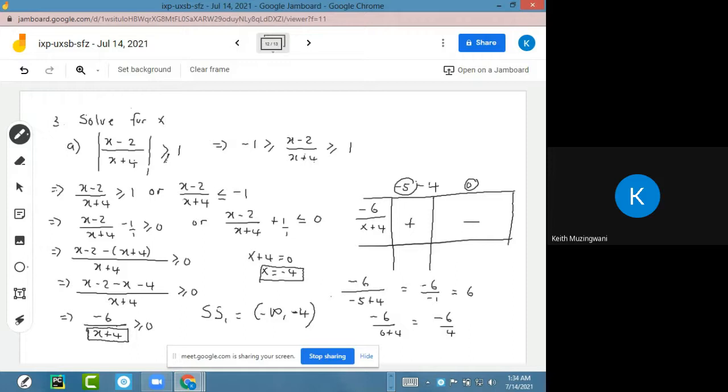But if that number is coming from the denominator, you do not include it. What we are avoiding is, if we include it, then we are saying there's a point when we can have negative 6 over negative 4 plus 4. But this situation will give us negative 6 over 0. And this thing is unknown. It is undefined. So we don't want to have an undefined situation in our interval. That's why we would exclude it, even if we have greater or equal.